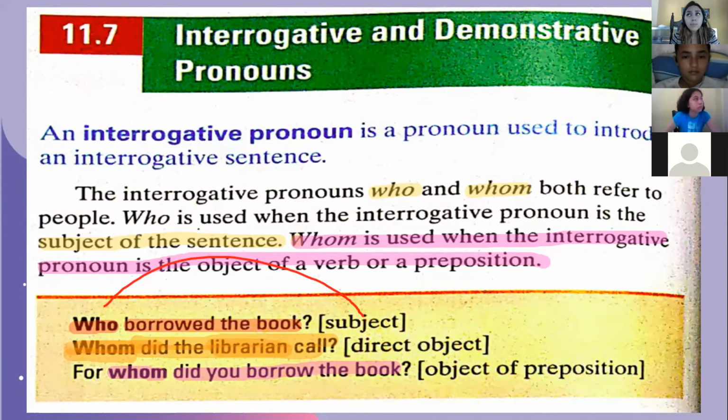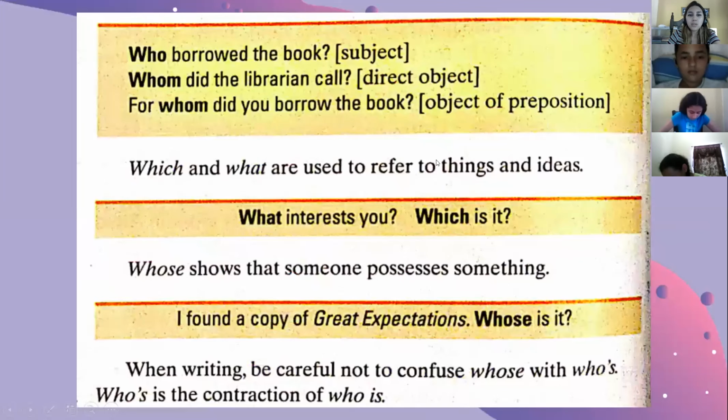For whom did you help the people? Or whom people did Carlos Marcelo help? Or who was helped? ¿Quién fue ayudado? Okay, so these are different ways that we can use to make an interrogative sentence. Now, it can be tricky. Yes, it can be tricky, but don't worry, we're gonna practice. So let's go then to the next part.